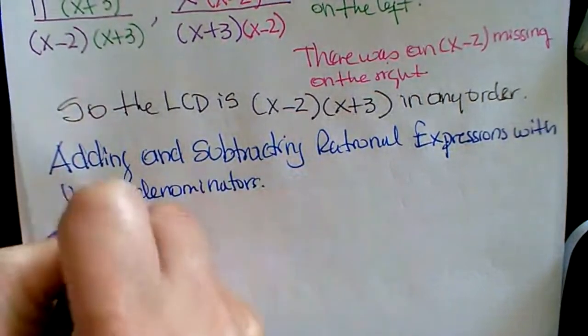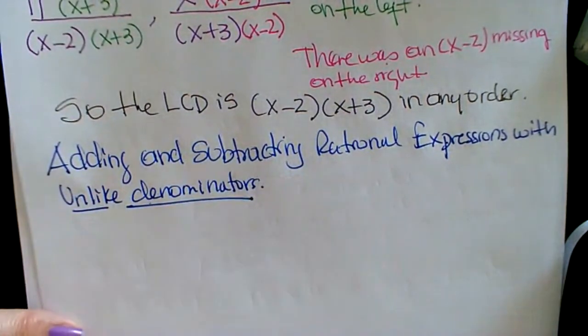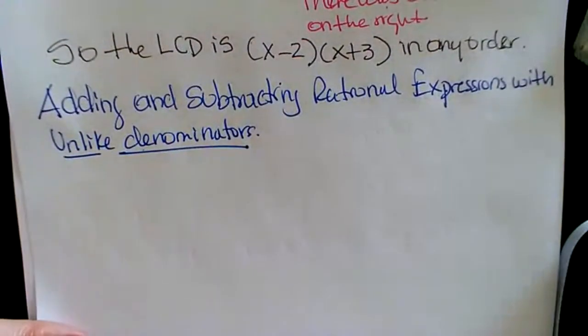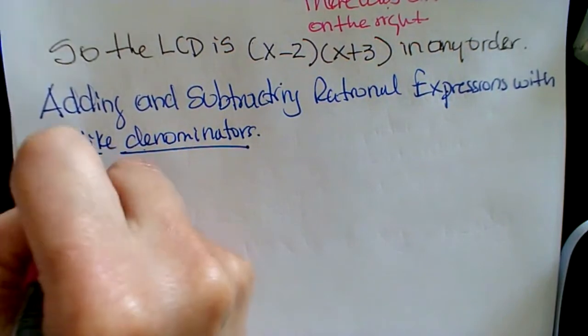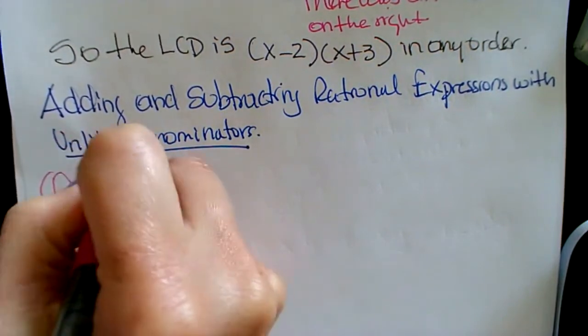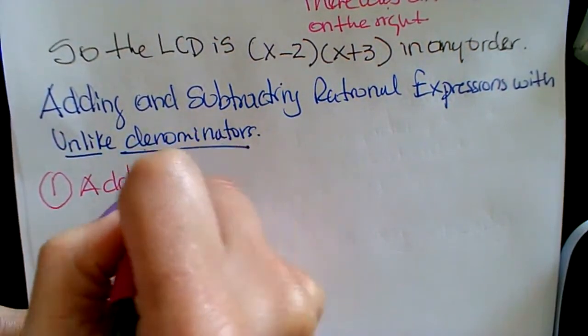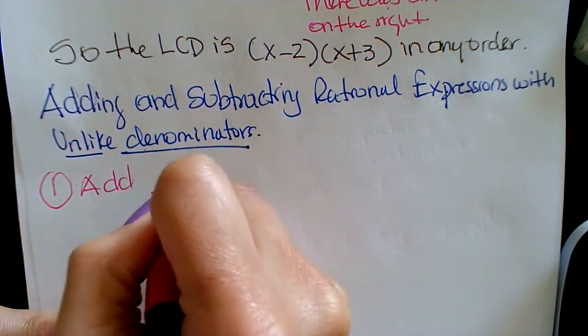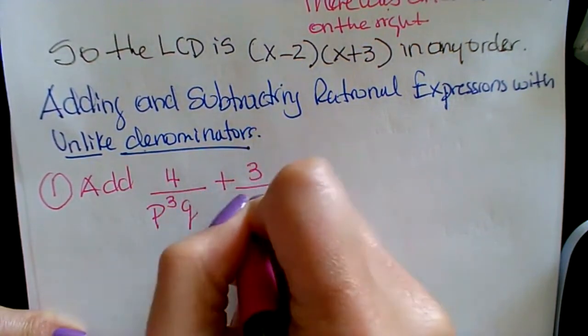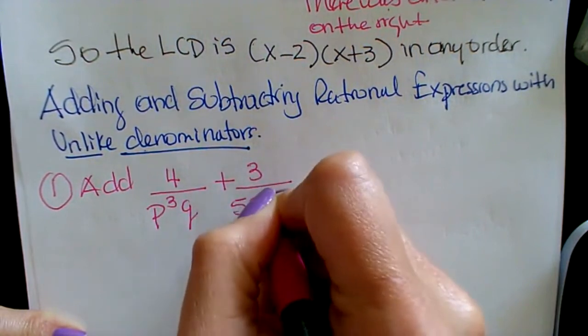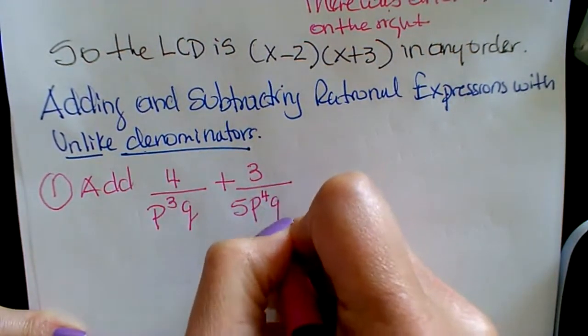Now that we know what to do, we need to add, and we've been given 4 over p to the third times q, plus 3 over 5p to the fourth q.